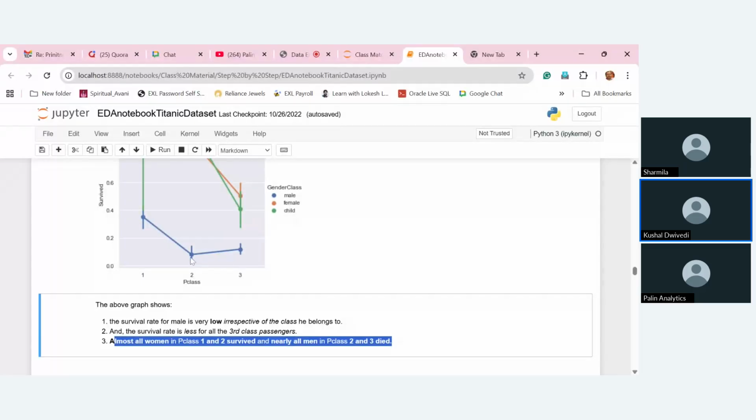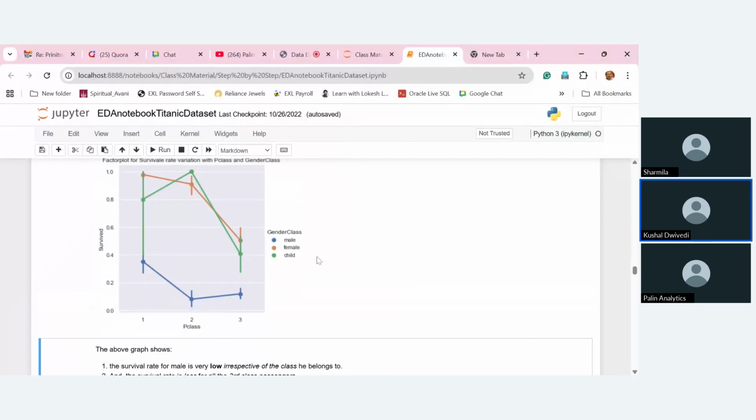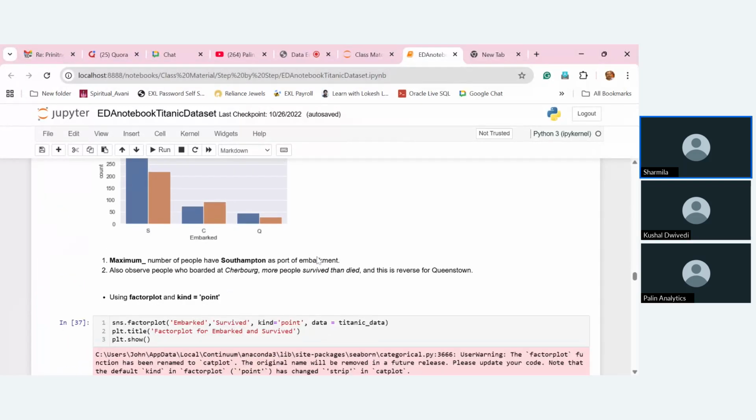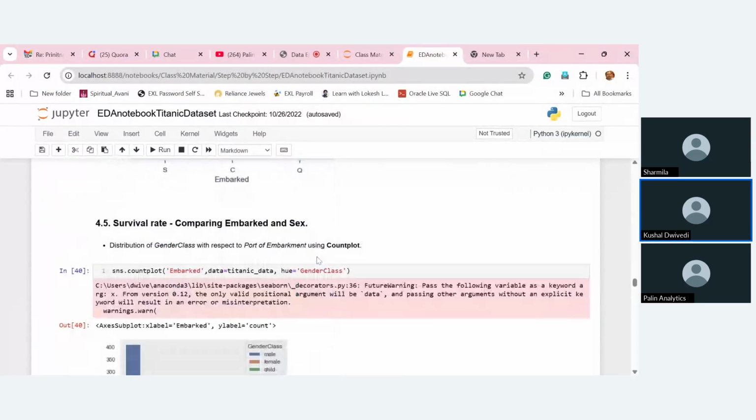So almost all men in passenger class 2 and passenger class 3 died. Okay, understood.